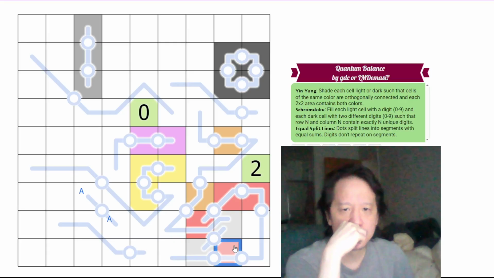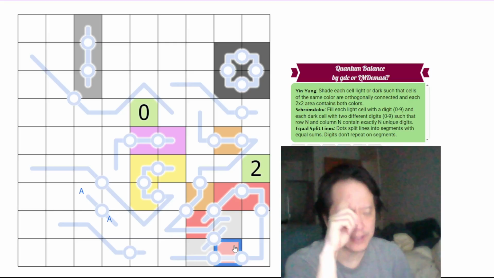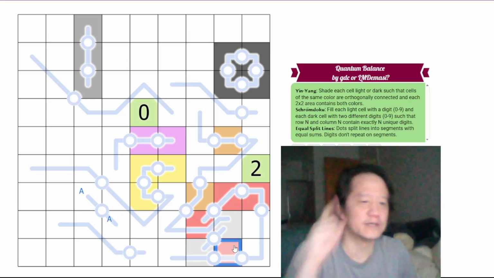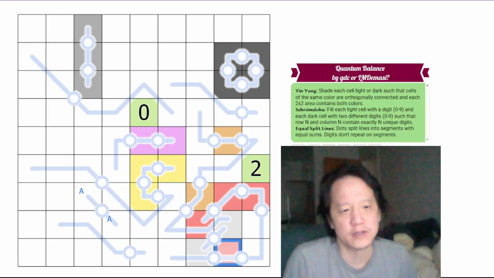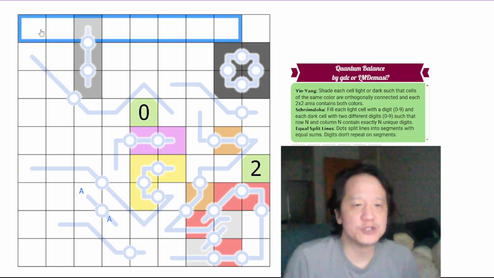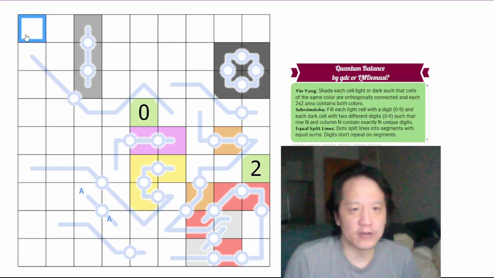Interesting. Okay, that's right. So that's a different way of interpreting it. Hold on, let me double check that this is the way it's supposed to be. I'm going to pause for a little bit. Okay, and I'm back. Yes, I was misinterpreting the rule. I read it correctly, I just didn't interpret it correctly.